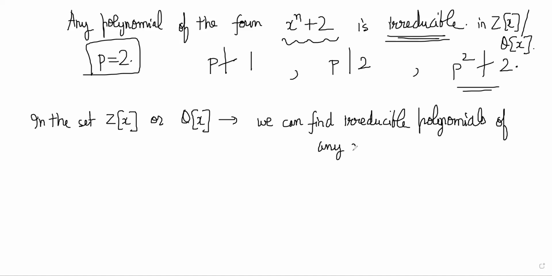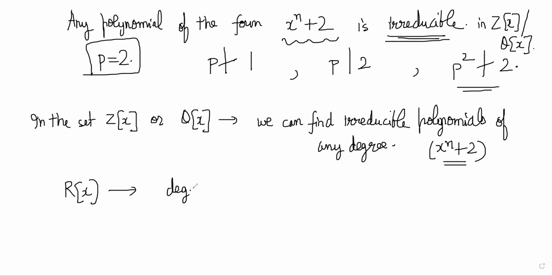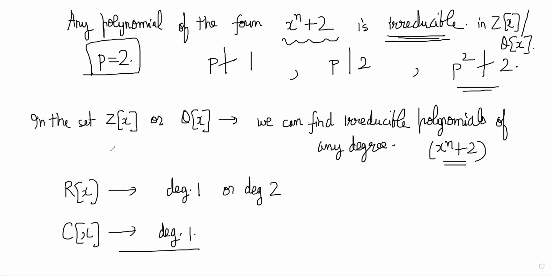Because x^n plus 2 is always irreducible in this set, and this n is variable, so it can have any degree. Remember that in the set of R of x, irreducible polynomials can only have degree 1 or degree 2, whereas in the set of C of x, irreducible polynomials can only have degree 1. So this is a special property of Z and Q sets. Using Eisenstein, we can find irreducible polynomials of any degree.